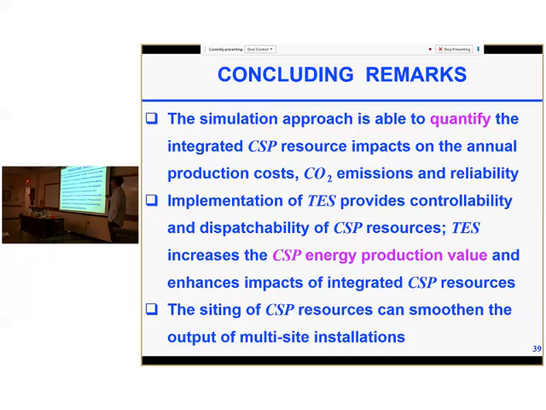The storage can increase the total energy production volume, because we can store the energy to produce it during the time when the energy is more expensive. We can also say the siting of the CSP resources can smoothen the output of multiple sites.